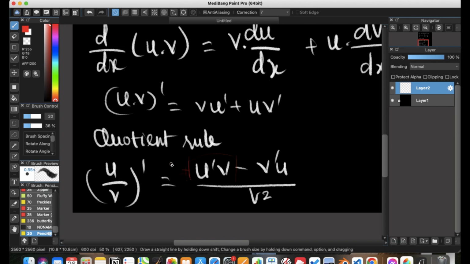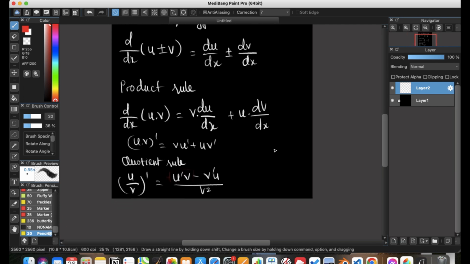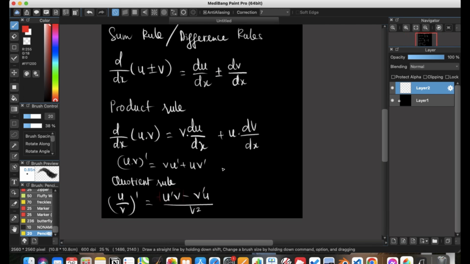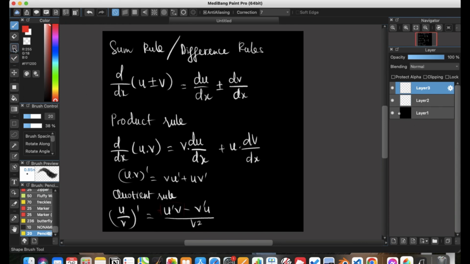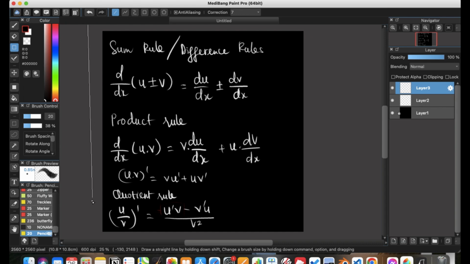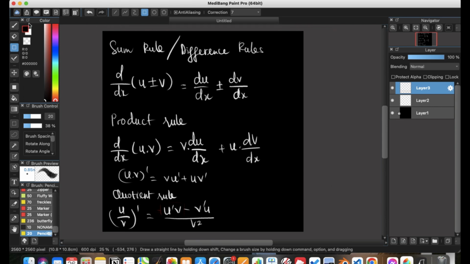Then you have to minus the derivative of the denominator. You put that in the second place. And this part you actually have to memorize. So let's start. So here I'm going to help you guys.